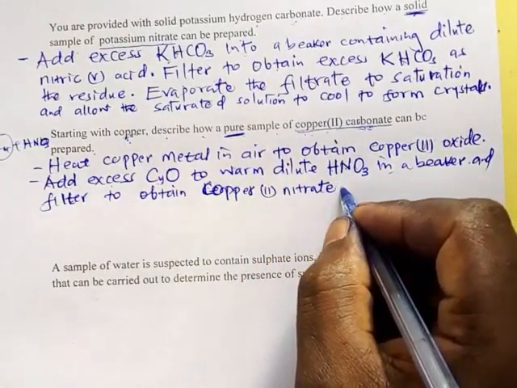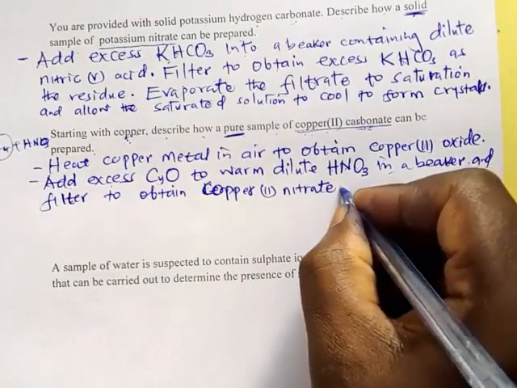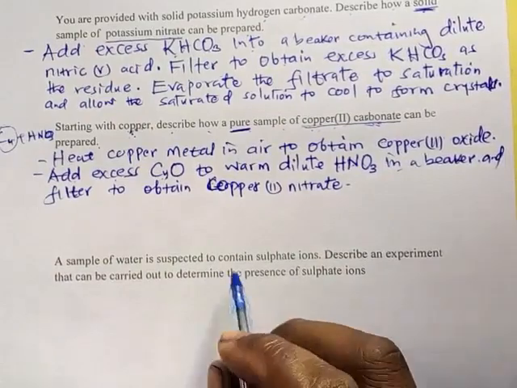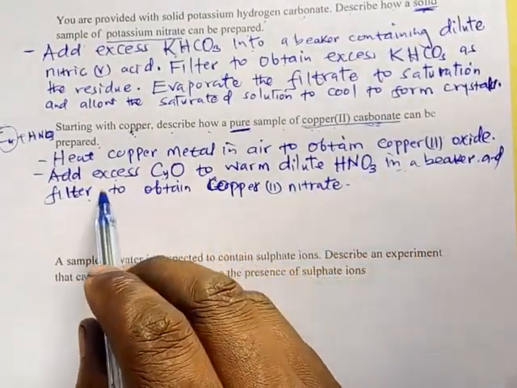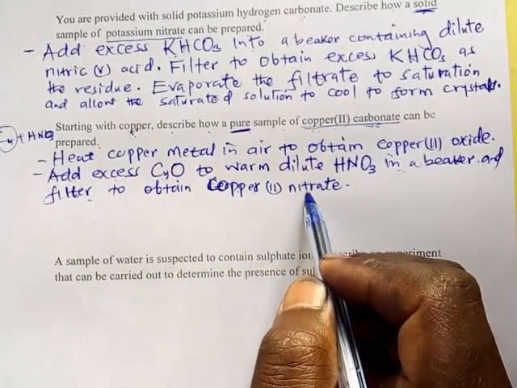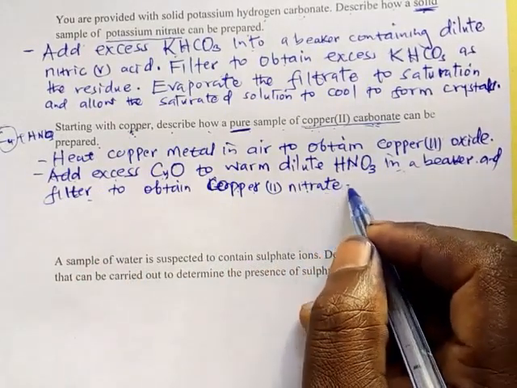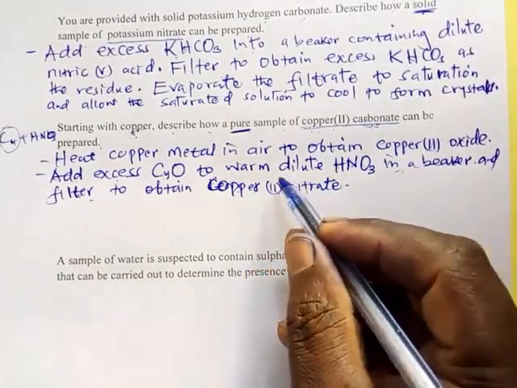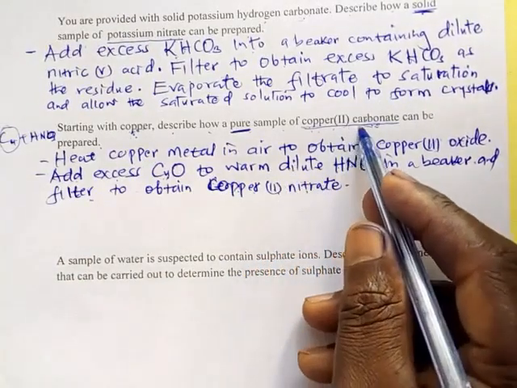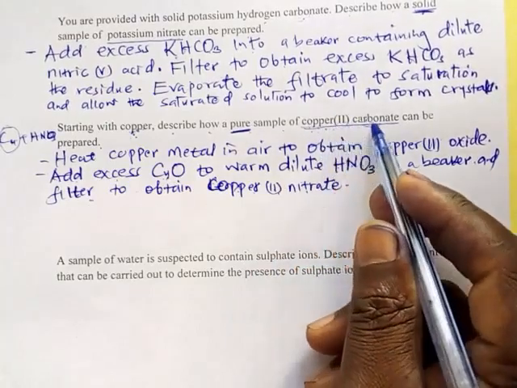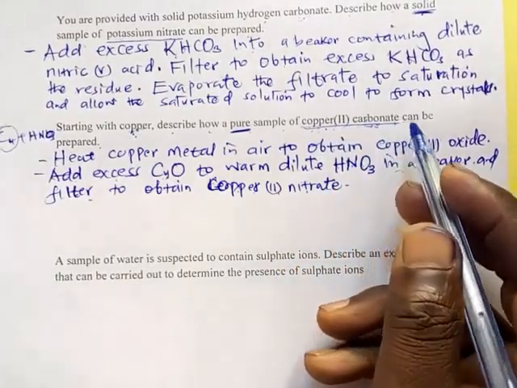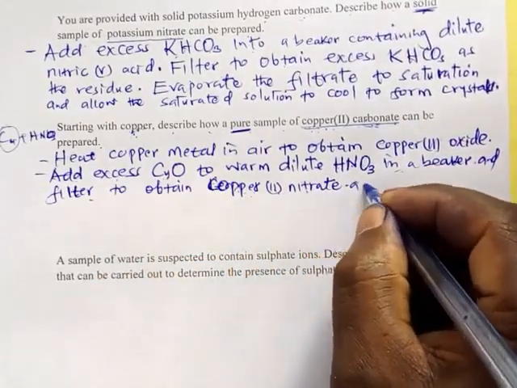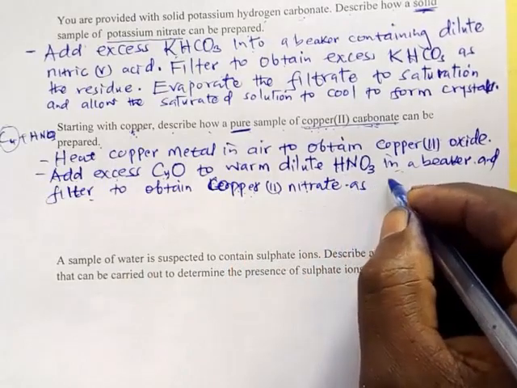Now we have copper 2 nitrate. What do we do with copper 2 nitrate? Since this copper 2 nitrate is a solution, we need a soluble carbonate so that when we mix the two, they will interchange the anions and the cations to form copper 2 carbonate. Therefore, we have now the copper nitrate as the filtrate.